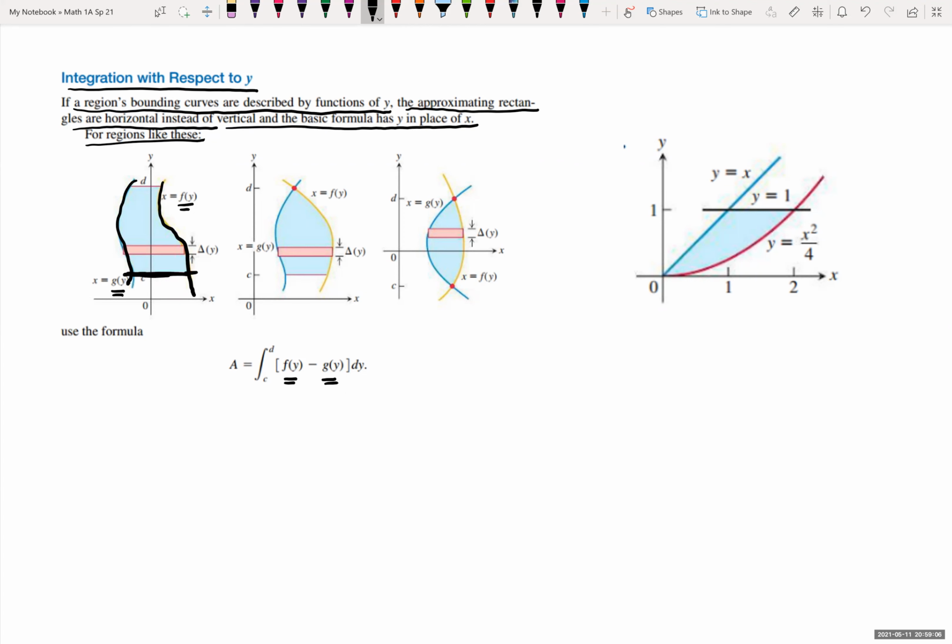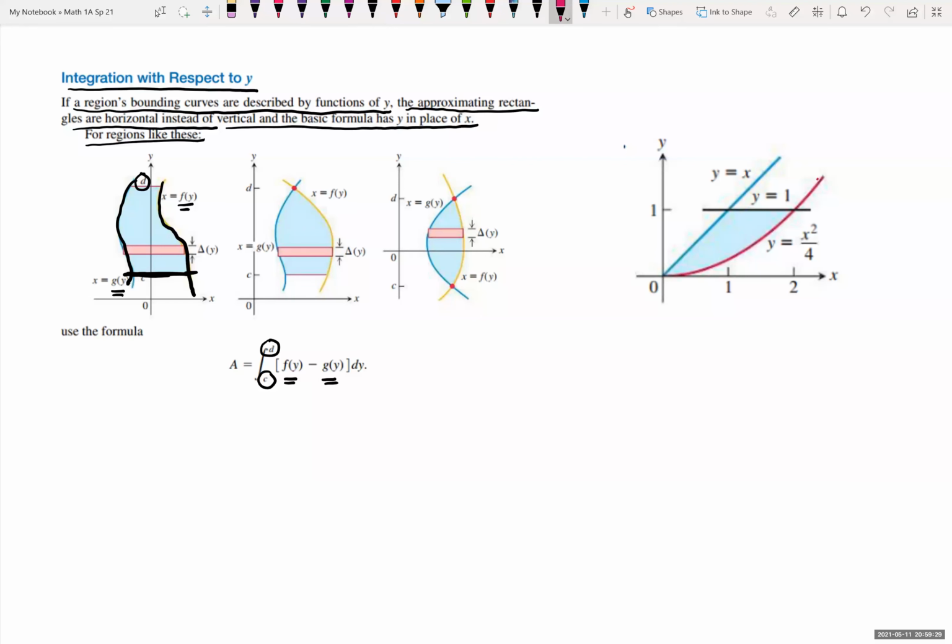The bottom bound is c, and the upper bound is d. So in that problem that we had just done, it could be easier to integrate just once. Don't have to split it up into 2 different integrals.